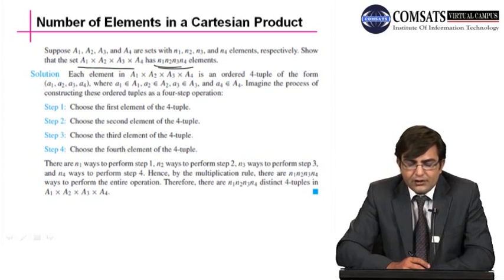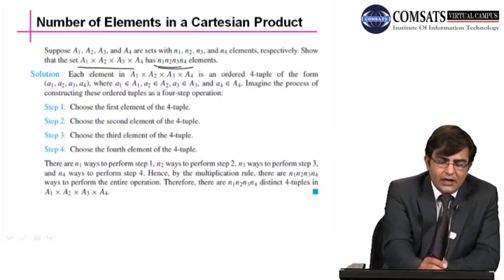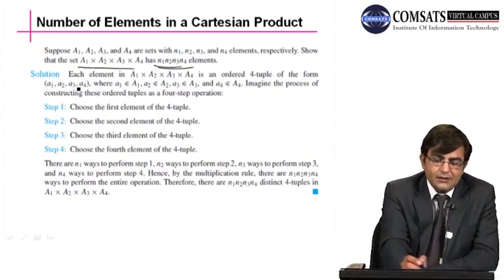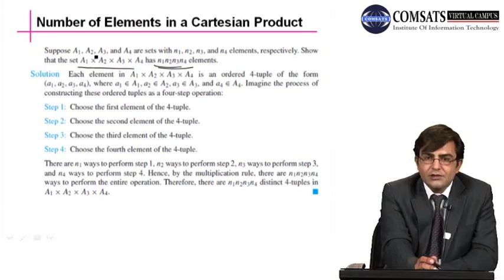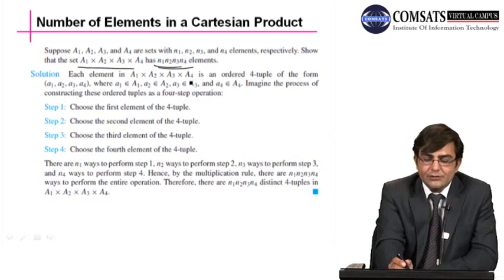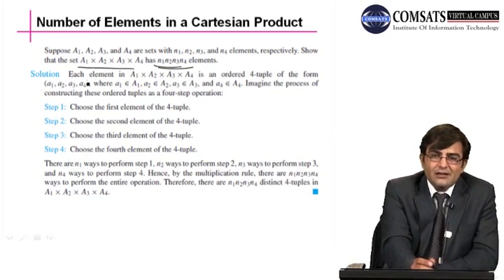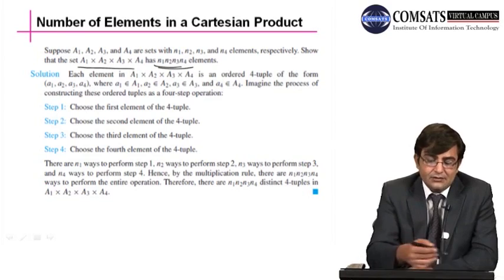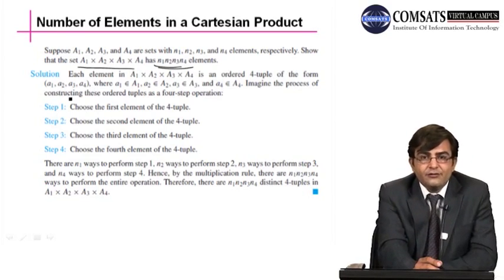We know that the Cartesian product of A1, A2, A3, A4 contains ordered four tuples of the form (a1, a2, a3, a4). In the Cartesian product of two sets A cross B we have ordered pairs, but with four sets it is called an ordered four tuple.